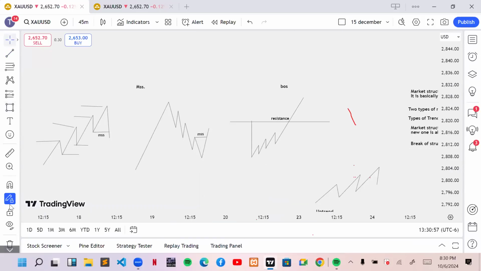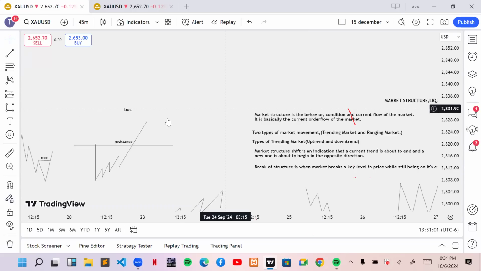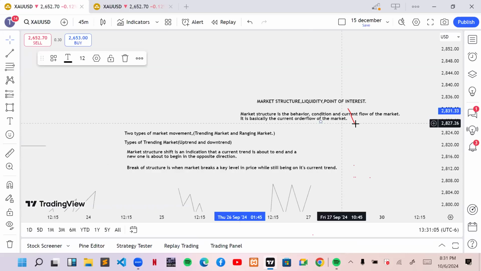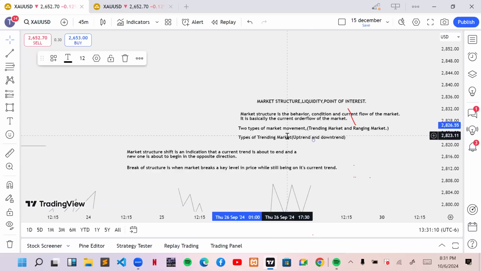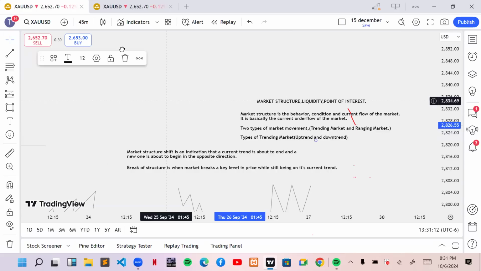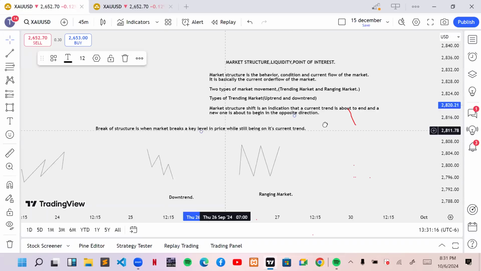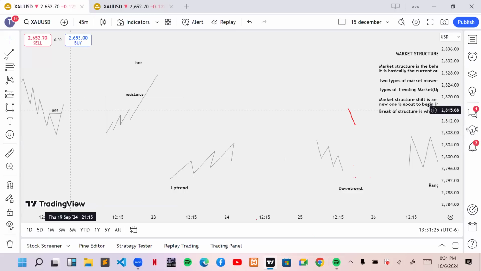So this is the break of structure for the market being on an uptrend. Then this should be the one for the market being on a downtrend.